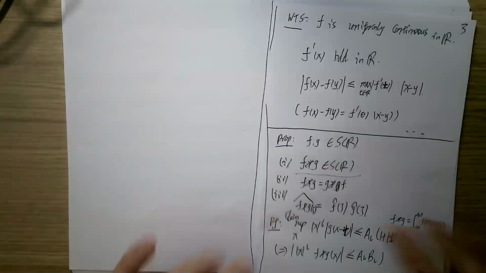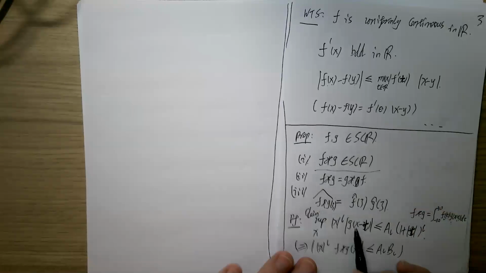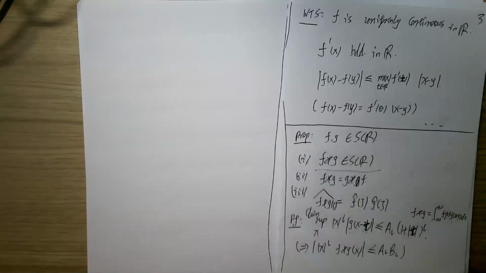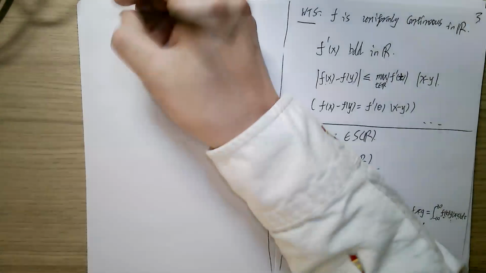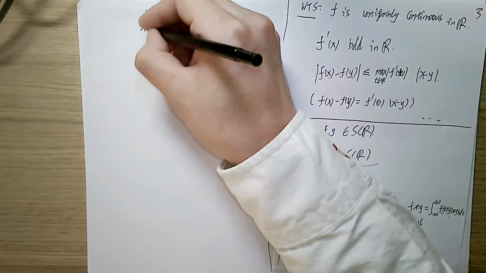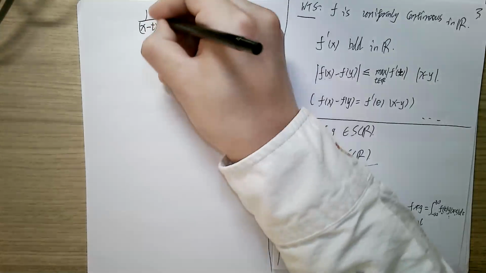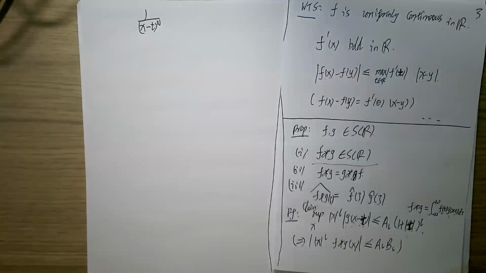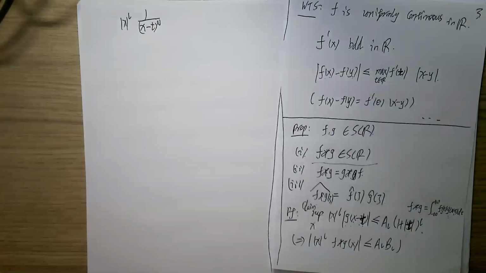Well, in order to show this, since you have g with x minus t, g(x minus t) can basically be bounded by anything like 1 over |x minus t| to the power of any capital N, right? So what you're trying to estimate is x to the power l times 1 over |x minus t| to the power N.